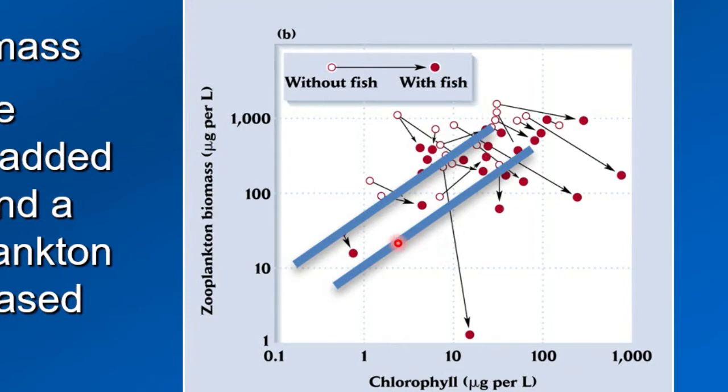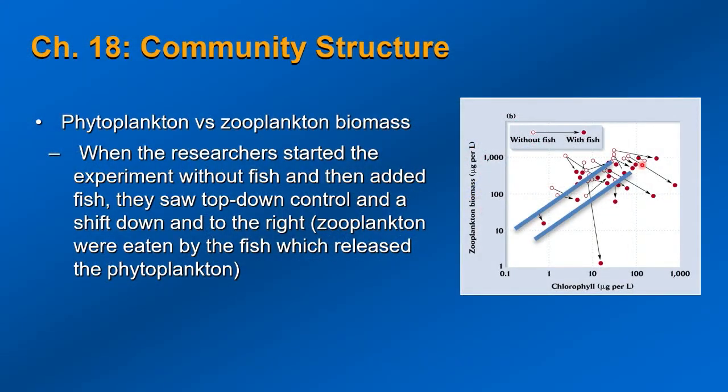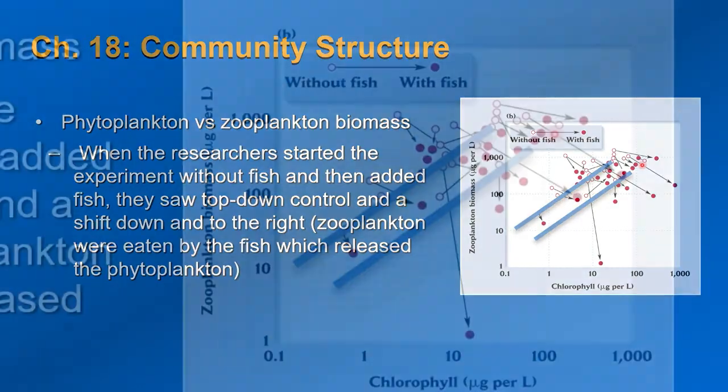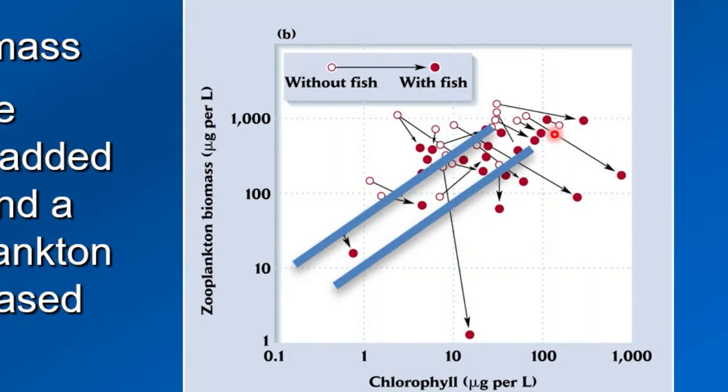And so you start to have less zooplankton because the fish are eating them, the primary consumers that are typically eating the chlorophyll, and the zooplankton get knocked down because of the fish, but that releases and moves the chlorophyll off to the right. And so you get more chlorophyll, okay? This is a figure that is no longer used in your text. Too bad. It's a little complicated, easy to get flipped up, but it makes a lot of sense if you look at it carefully.